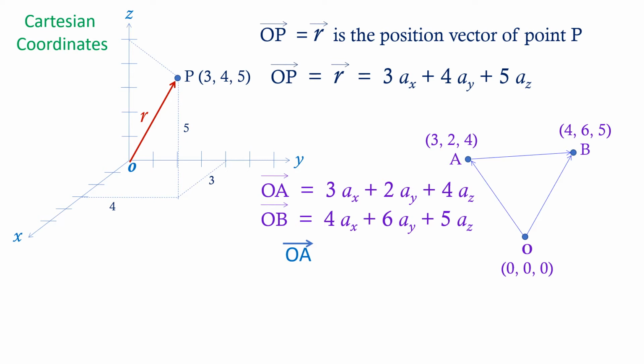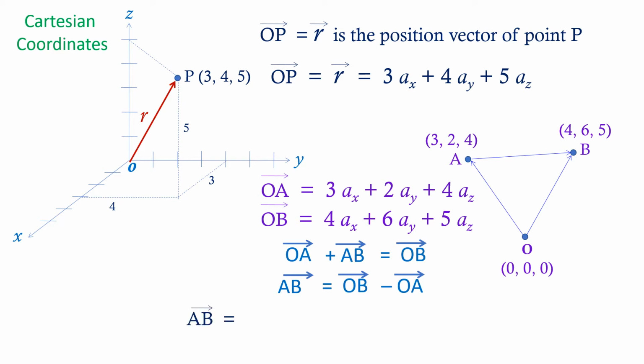We can now write OA bar plus AB bar is equal to the resultant vector OB bar. From this, the AB bar, which will be called the distance vector between A and B, can be written as OB bar minus OA bar.